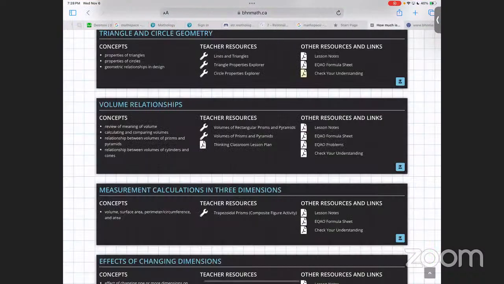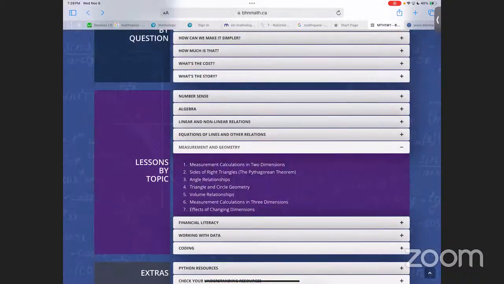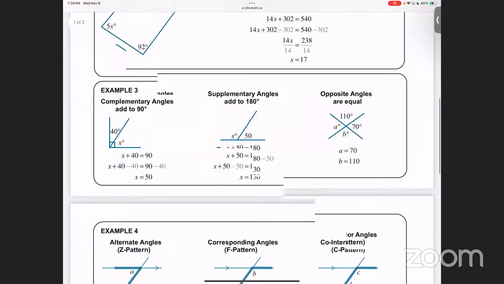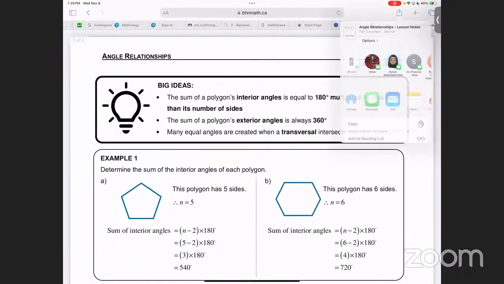Now comes in geometry, what we're going back to. So we covered angle relationships. Oh, I think that I missed this lesson, angle relationships and polygons. I completely forgot. I should have talked about that before I came here.